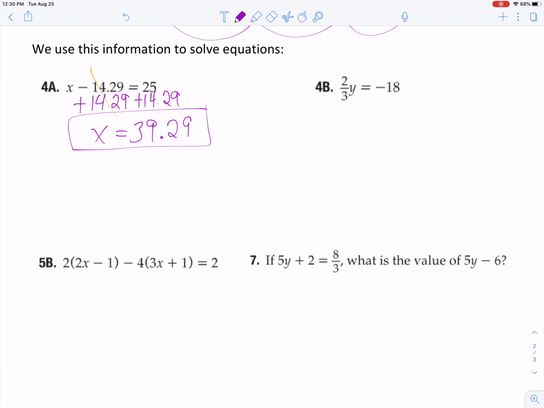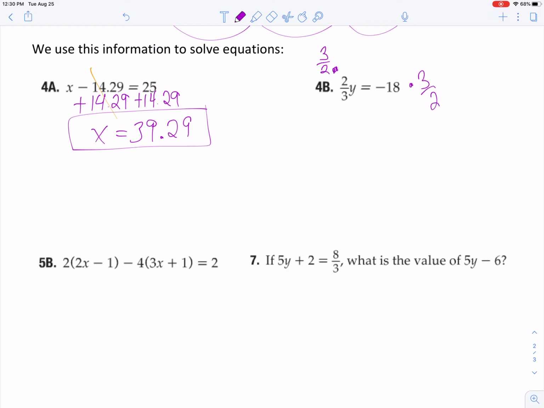All right, 4b then. Here when you have a fraction, a lot of people look at this and they want to divide by the fraction, which will work if you plug it into your calculator the right way, but it's really easy to make a mistake with plugging that into the calculator. So my recommendation to you is to multiply by the reciprocal.